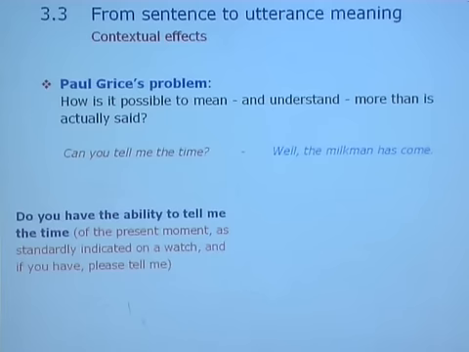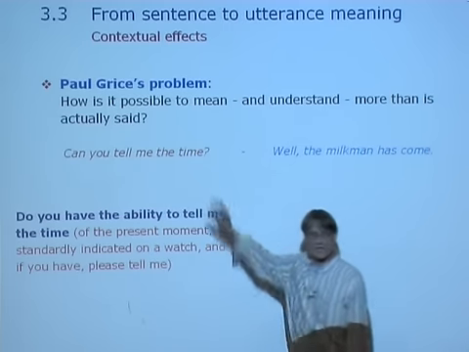Maybe they would look up to the sky, to the sun or the stars, depending on when this is, and then interpret this in quite a different way and give you different information. So do you have the ability to tell me the time of the present moment as standardly indicated on a watch? And if you have, please tell me. All this is not given explicitly here.